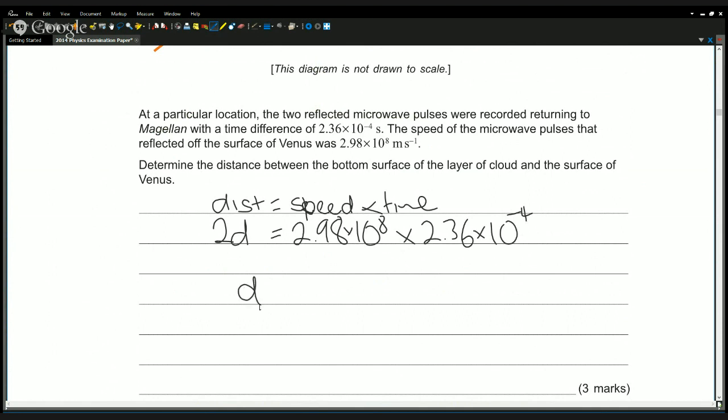I'm just going to stick that in my calculator: 2.98 E8 times 2.36 E-4, and divide that by 2.